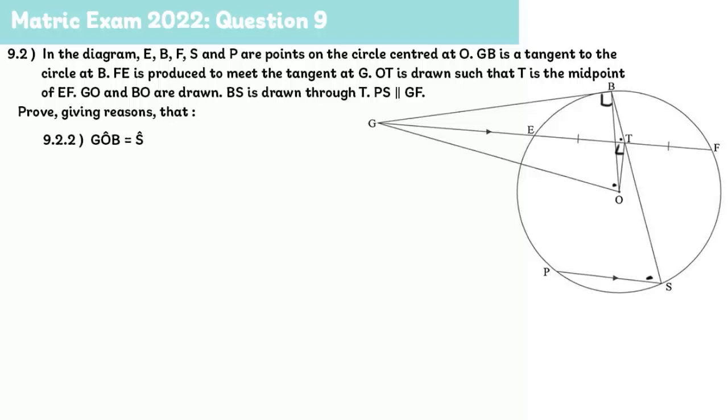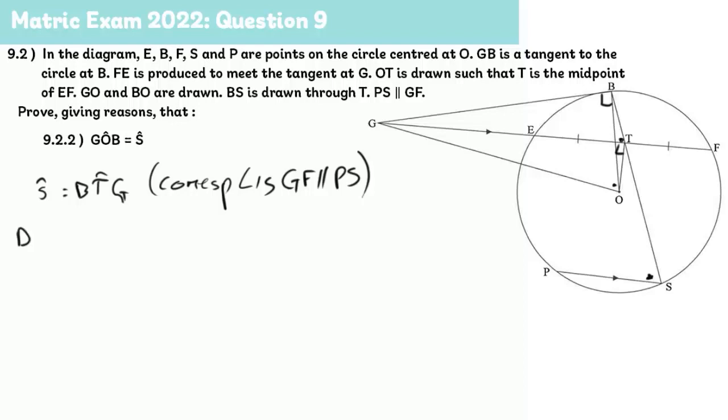So let's put pen to paper and prove this. Angle S is equal to BTG. Reason being, corresponding angles, and we have GF parallel to PS.